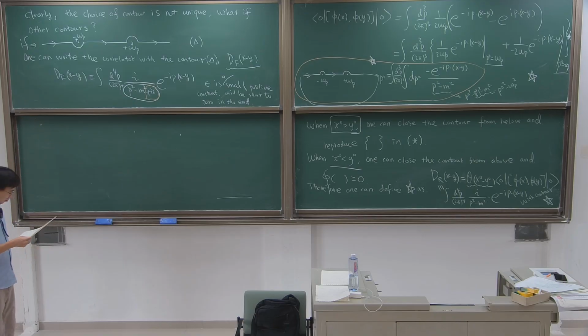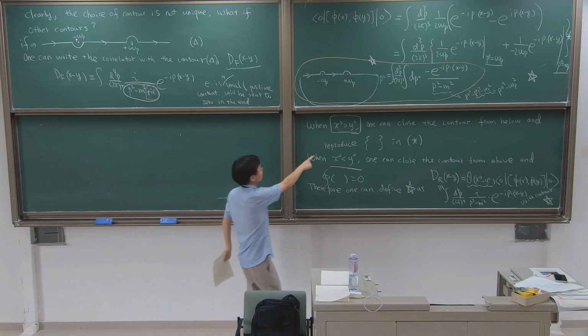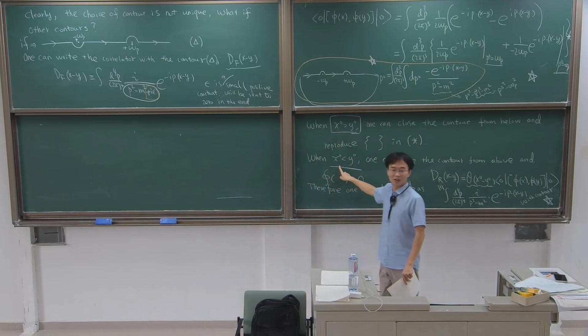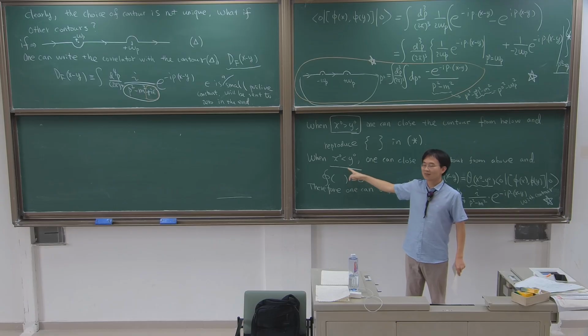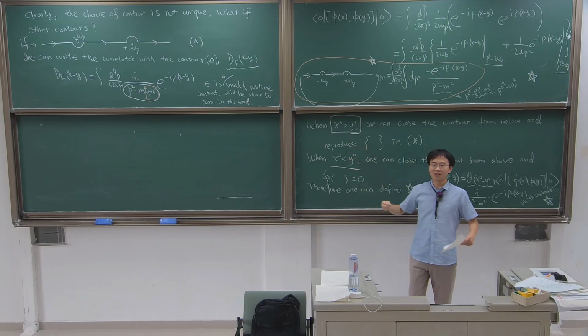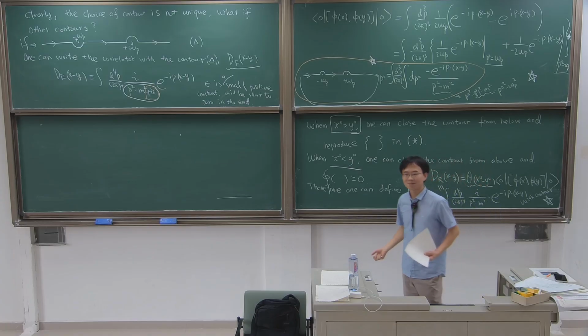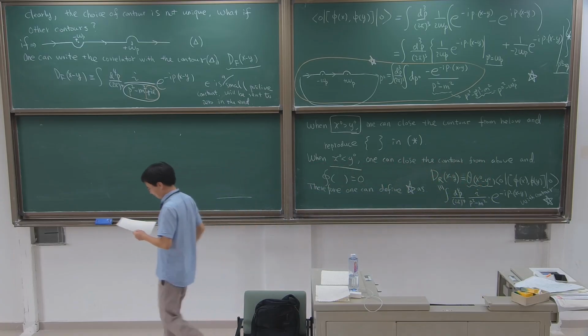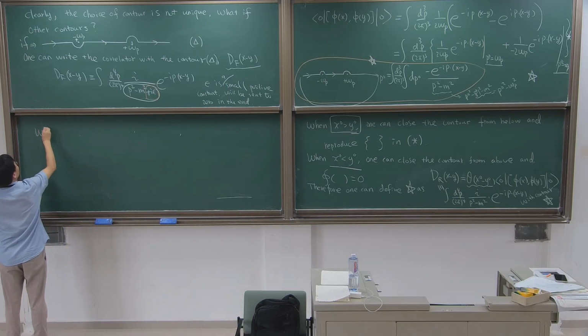Okay. So to compute the df, again similar to this classification, you have to discuss case by case. Because this kind of condition will allow you to close the contour in different ways. So again, now we want to compute the left.